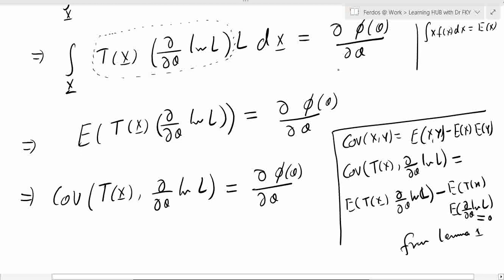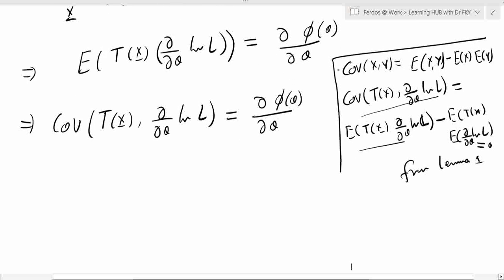So this is equal to 0, this is equal to 0. So this thing is equal to the covariance of this. This is the simple logic that I can write like this.